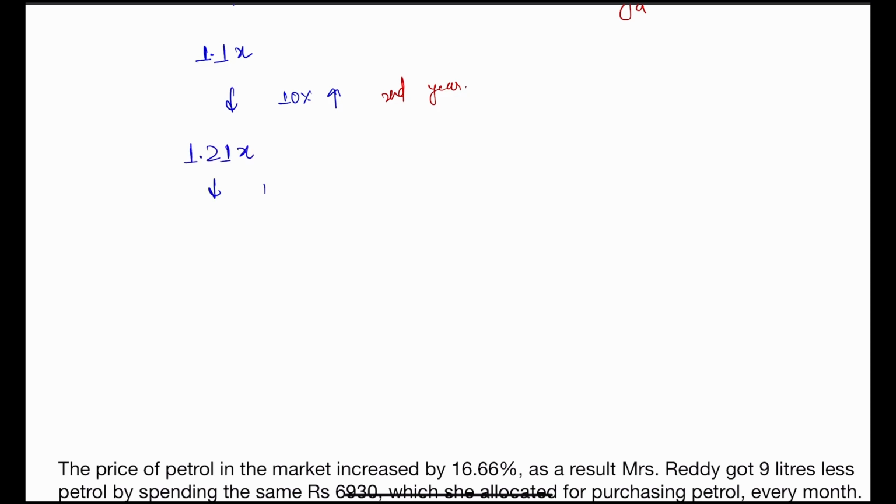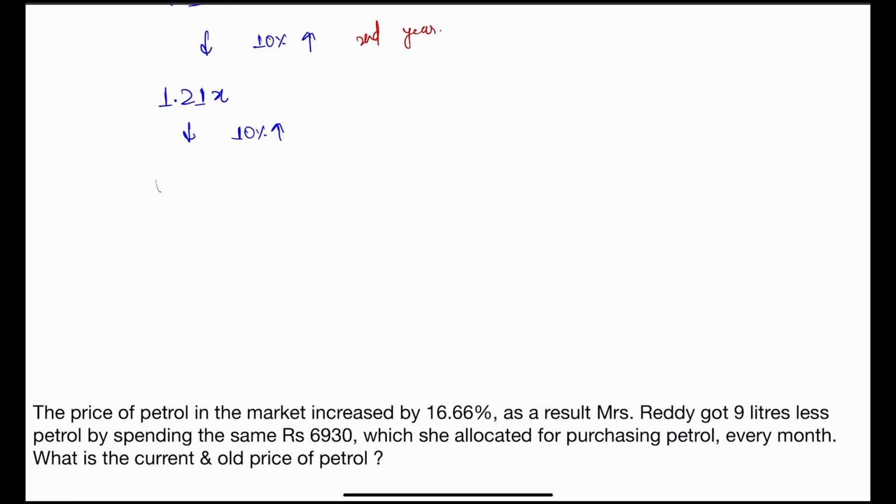Again 10% increase, so we know that 1.1 cube is 1.331, so we don't need to bother till here. 1.331x, but then again 10% increase.